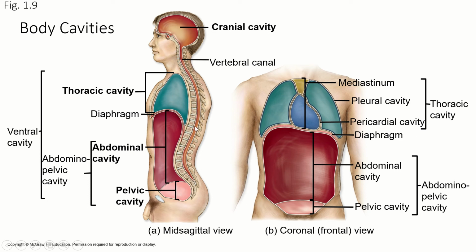Okay, notice that when we talk about the abdominal cavity and the pelvic cavity together, we smush these two words together to make abdominopelvic cavity. So this is a really important way to create a new term when we're talking about two things together.